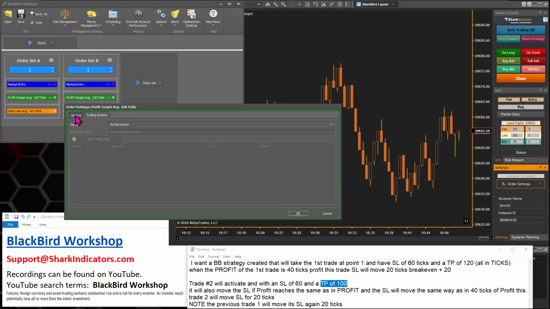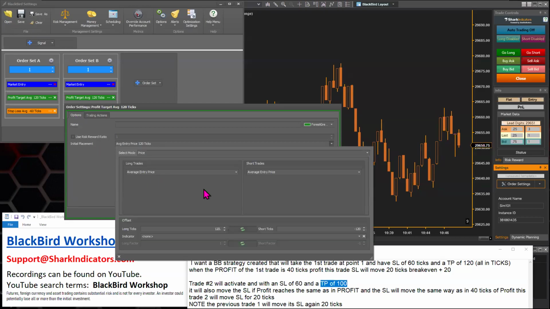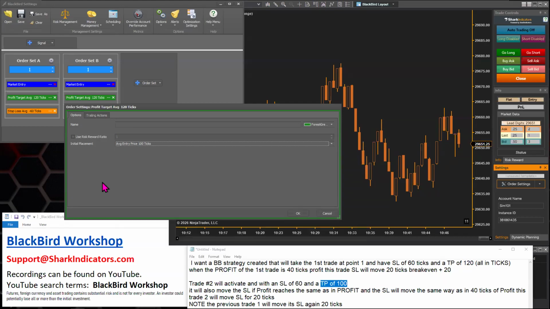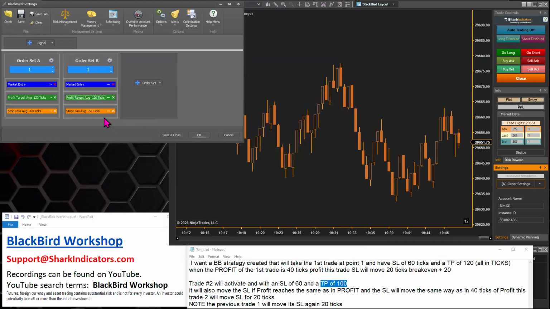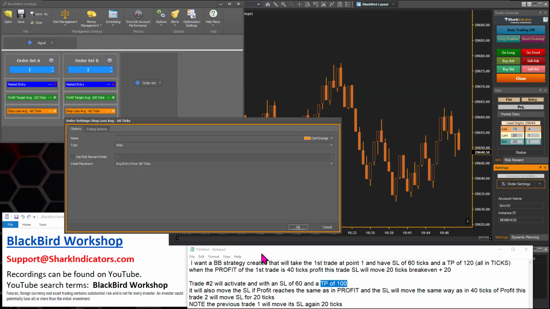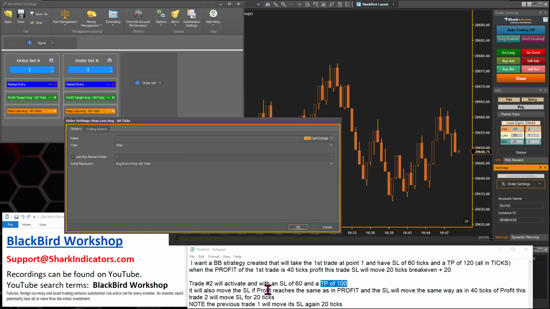Go to the options tab. Open up the initial placement and set 100 in there. There we go. All right. Now for the stop loss. All right.